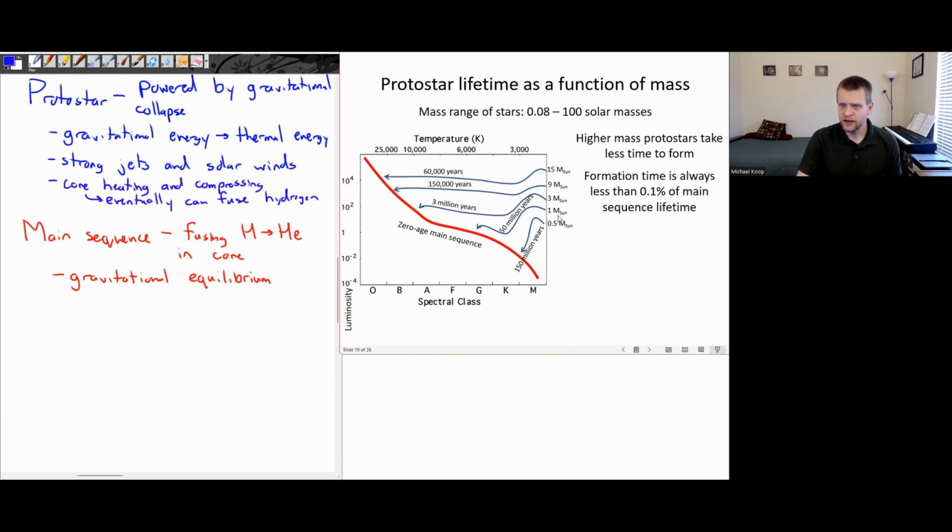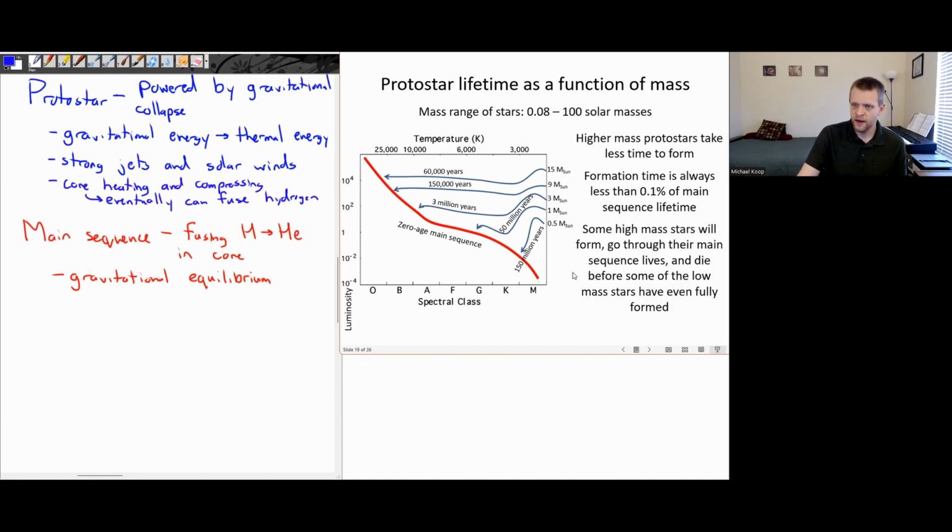So for example, it probably took our sun around 50 million years to go through its protostar phase, but we expect it to be a main sequence star for around 10 billion years. So the formation time is always significantly less than the main sequence lifetime.